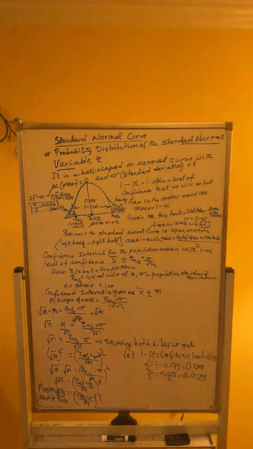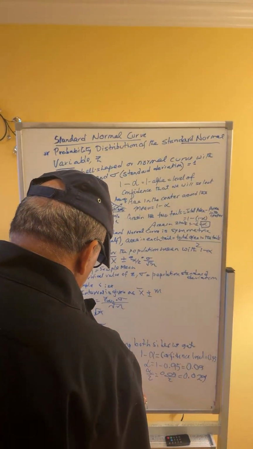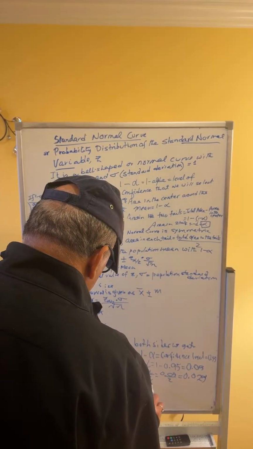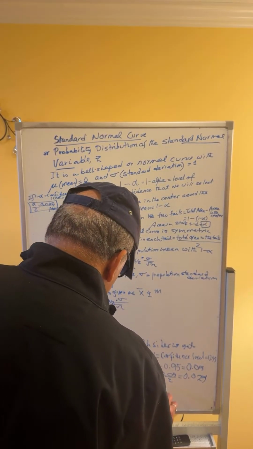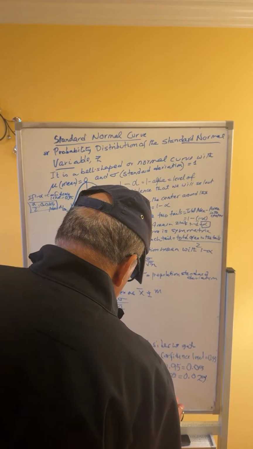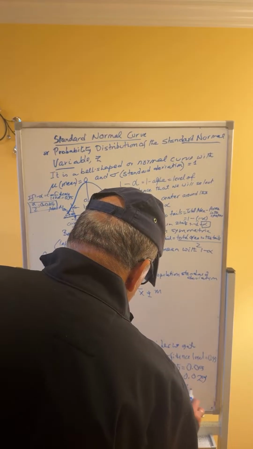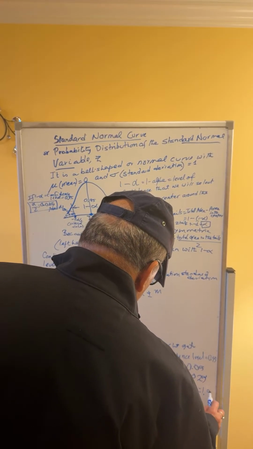And we find negative z alpha by 2 is minus 1.96. Thus positive z alpha by 2 is just the same value without the negative sign.